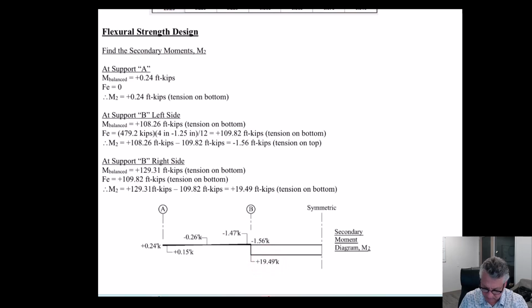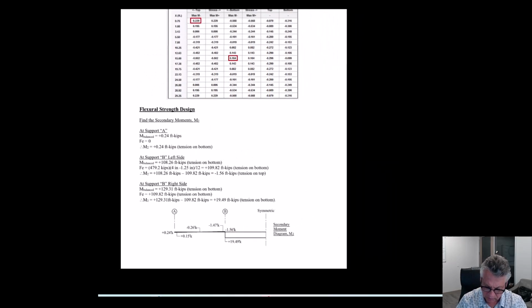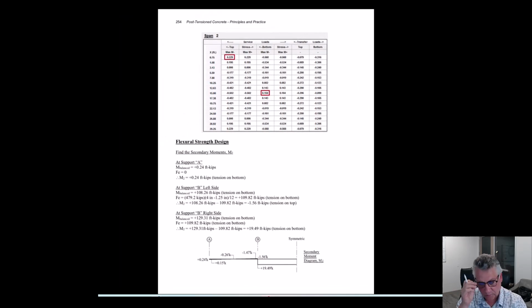Now that, because I have a symmetric system, is just going to be constant. There's no reducing that one to the face. These two do actually get reduced to the face. And we're talking about very small numbers, so very small reduction to the face. Kind of lose a little accuracy when we get down to small numbers like that. But keep an eye on this 19.49.